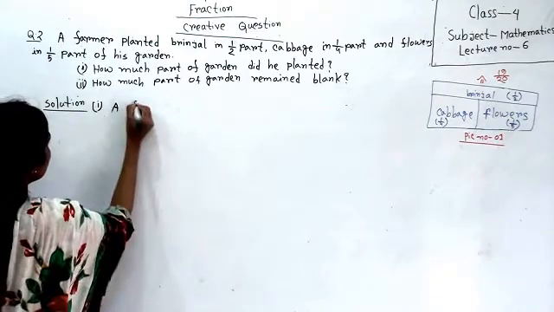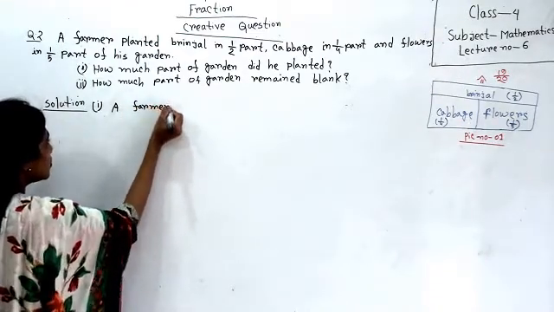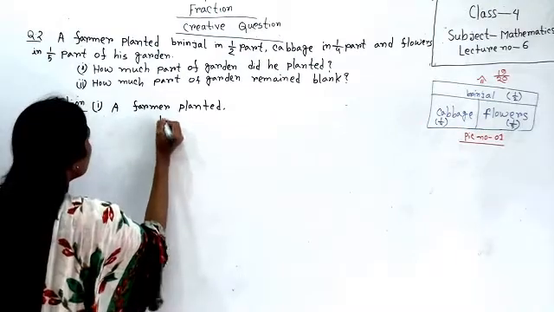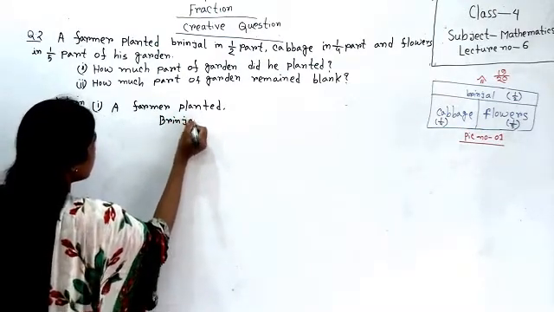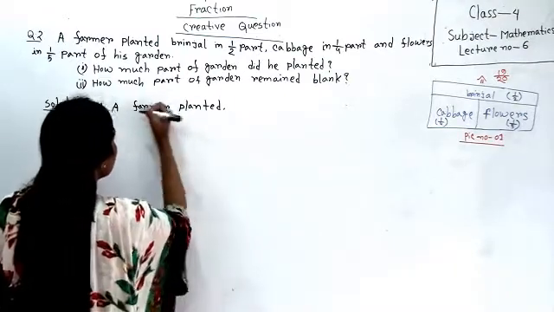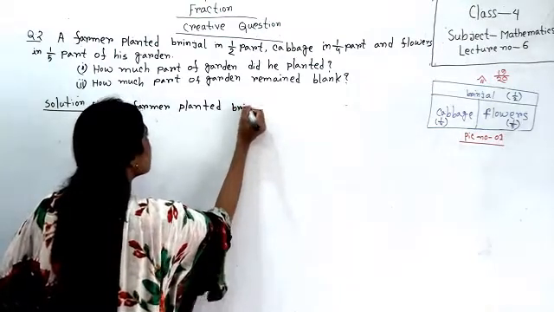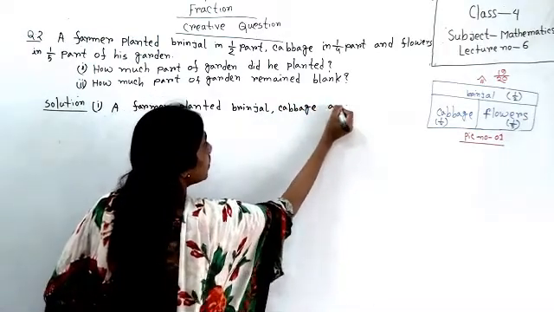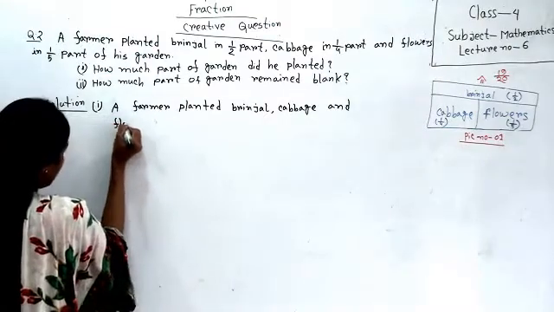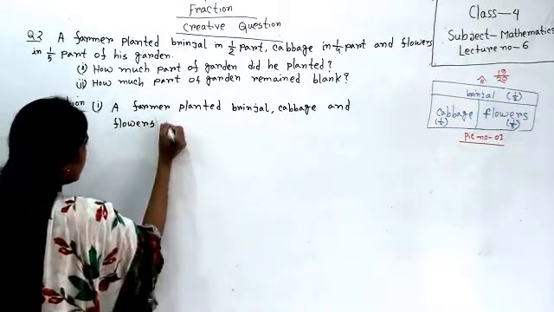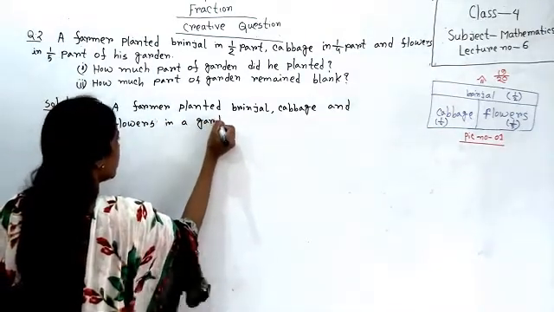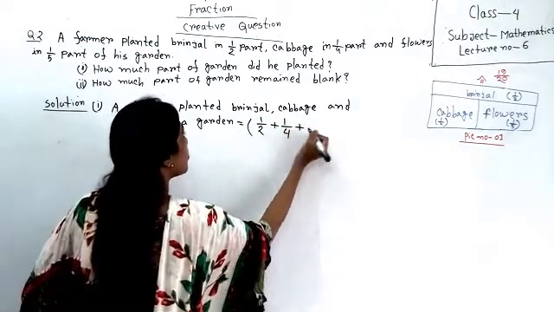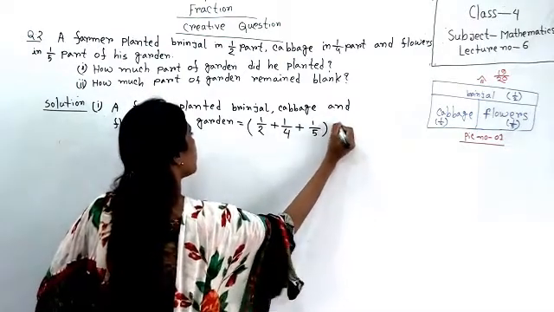A farmer planted brinjal, cabbage and flowers in a garden: 1/2 plus 1 divided by 4 plus 1 divided by 5 part.